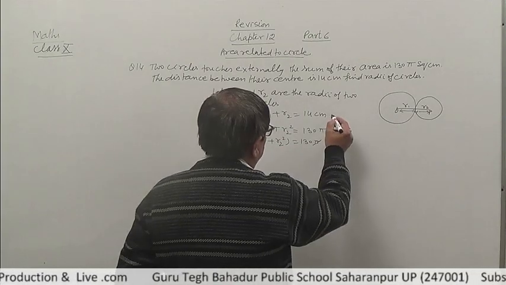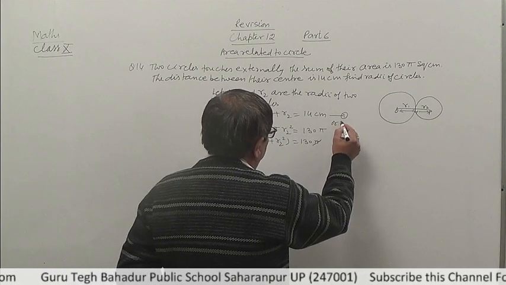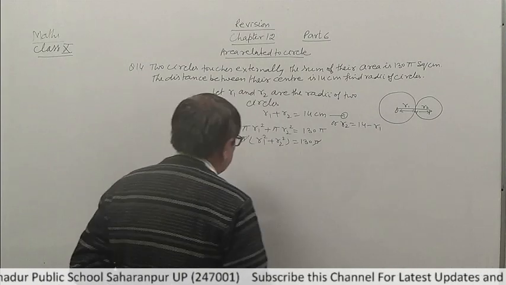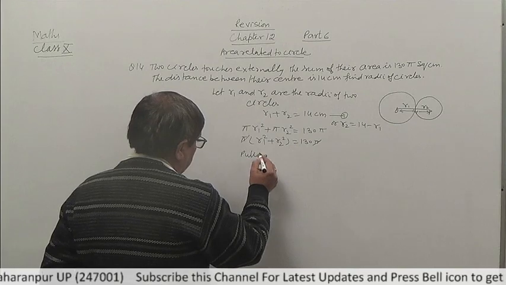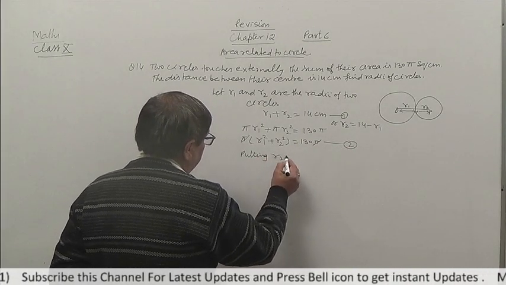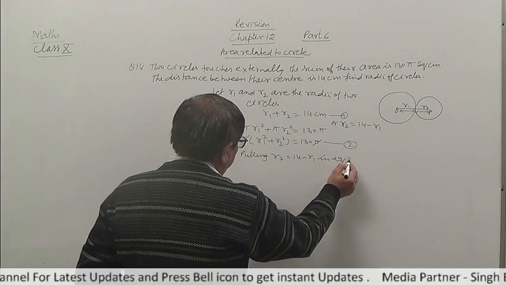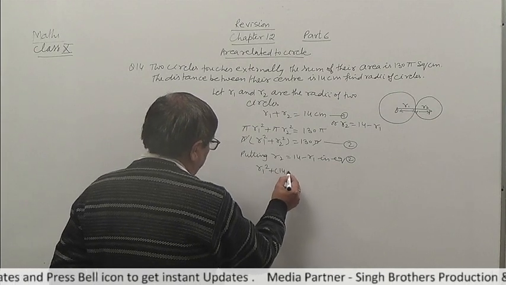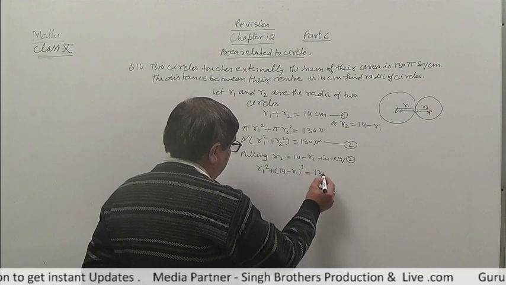From this equation, we write the value of R2 as 14 minus R1. Putting this in equation 2, R1 square plus (14 minus R1) whole square is equal to 130.